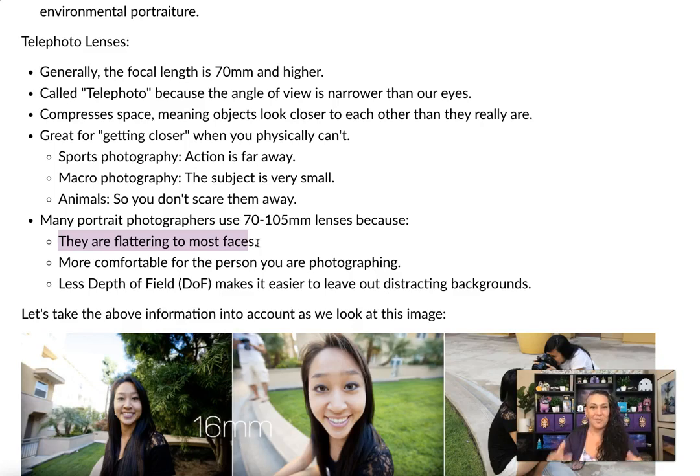Instead of photographing someone with a wide angle lens where you have to be this close to them, if you're further back, it makes it a little bit more comfortable for people and they can relax and you get a better look from it. And also this causes less depth of field. Now we'll go over depth of field soon enough, but just know that it makes it easier to blur the background, and so they stand out from the background a little bit better.